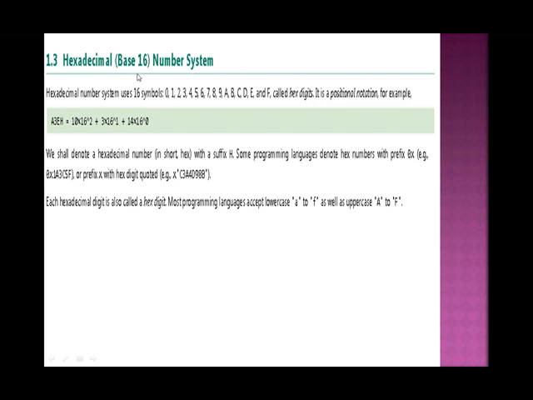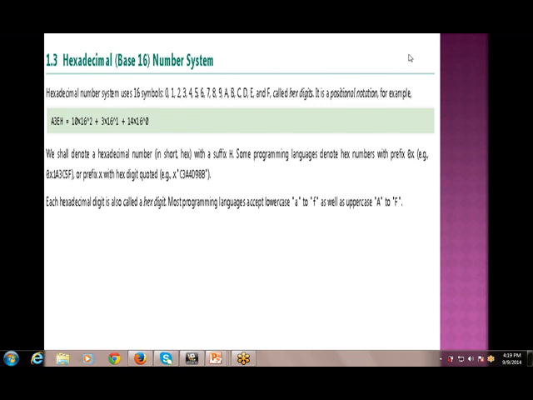Then next is the hexadecimal number system, which has base 16 and contains a total of 16 numbers from 0 to 15. How will it represent 0 to 15? First of all, it will represent 0 to 9 as digits and then A to F as characters. So this is 0, 1, 2, 3, 4, 5, 6, 7, 8, 9.